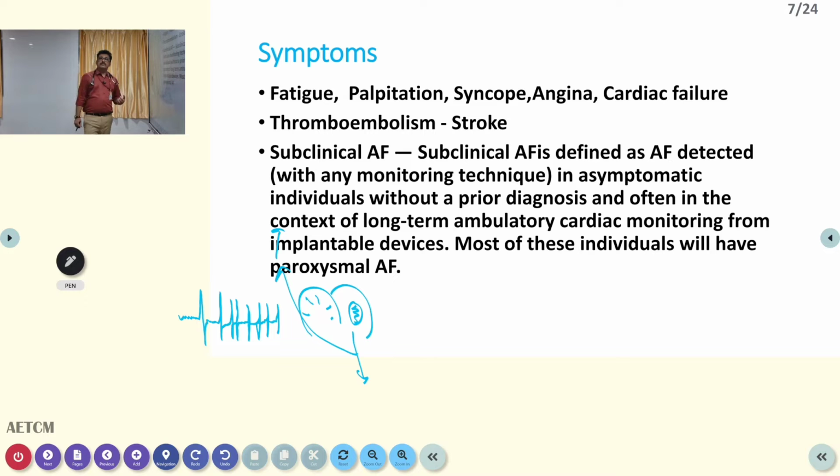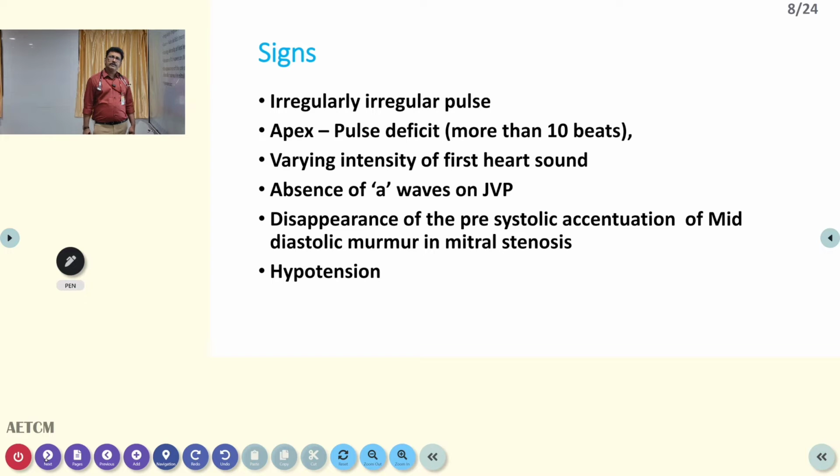Subclinical AF can also be there in some patients. They don't have any major finding. Only when they have a problem, like anxiety, fear, or exertion, the atrial fibrillation will become a real problem in that type of patient. And they can also have some palpitation.